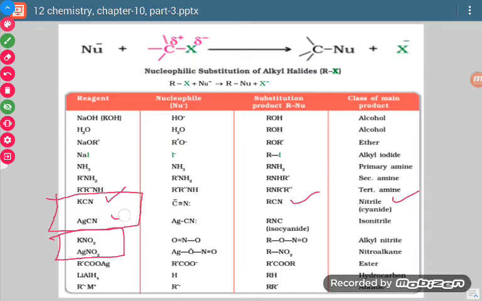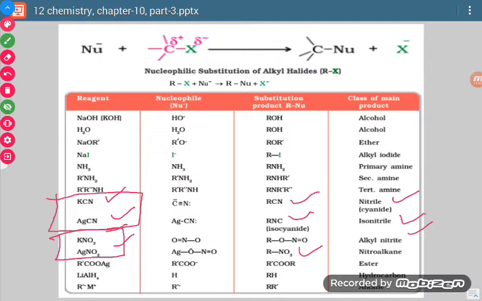But in the case of silver cyanide, it forms isocyanides or isonitriles. Why? What is the reason? Similar is the case with potassium nitrite and silver nitrite. In the case of silver nitrite, it forms nitroalkane, and in the case of potassium nitrite, it forms alkyl nitrite. So what is the reason? The question is asked in this way. So how do we have to answer it?